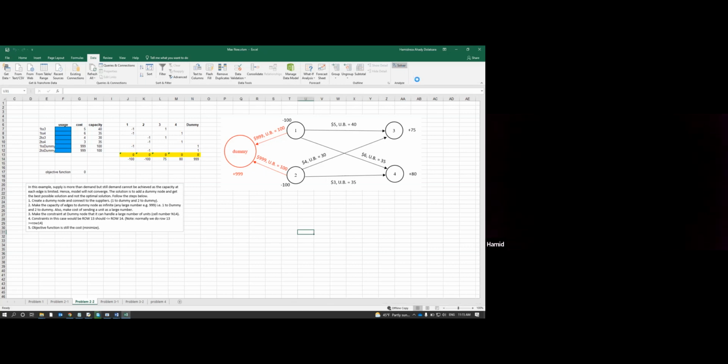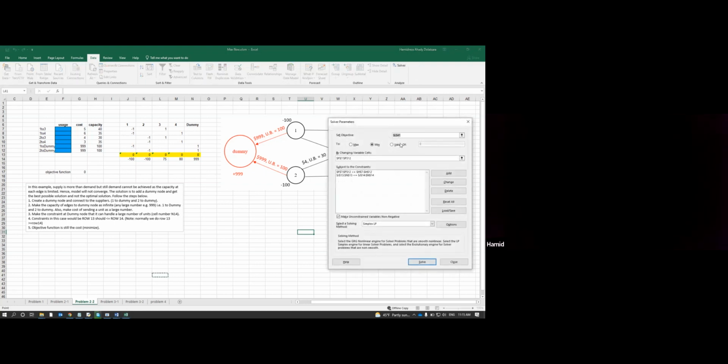Okay, so let me just click again. Yeah, I think it changed. So this is not the objective function. This is the objective function, G7.